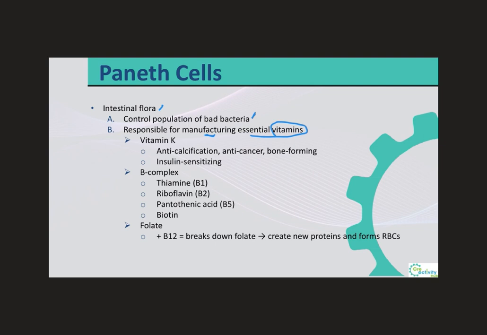One of the examples can be vitamin K, which in fact it has been estimated that up to half of the daily vitamin K requirement is actually provided by the gut bacteria. Vitamin K has several important functions within the body, and some of which are still being discovered, but for now, researchers have shown that vitamin K is an anti-calcification, anti-cancer, bone forming, and an insulin sensitizing molecule.